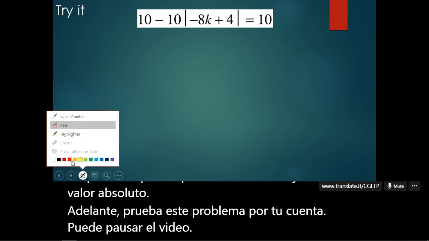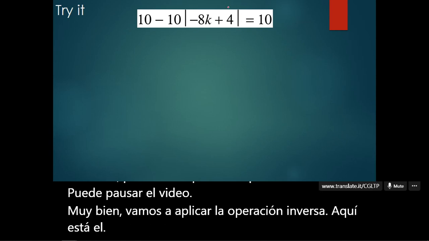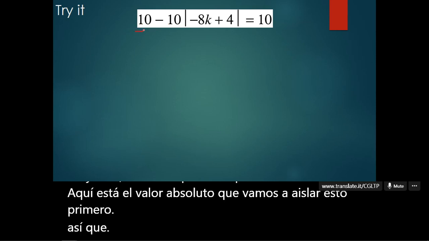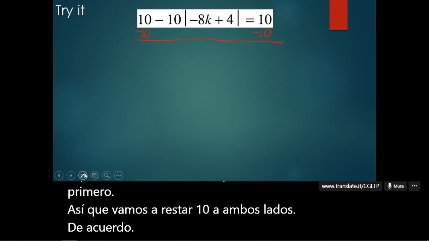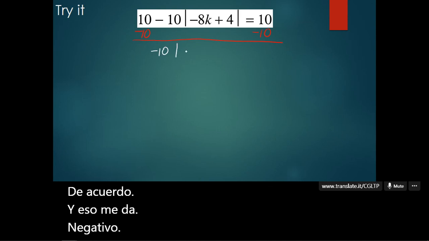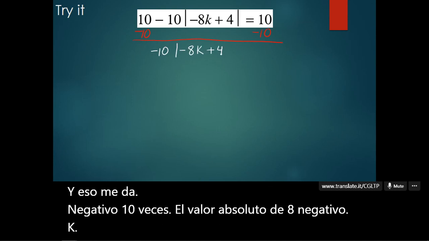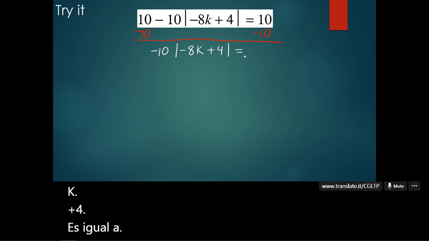All right, so let's apply inverse operations. Here's the absolute value. We're going to isolate this first. So let's subtract 10 from both sides. Okay, and that gives me -10 times the absolute value of -8k plus 4 is equal to, well, 10 minus 10 is equal to 0.